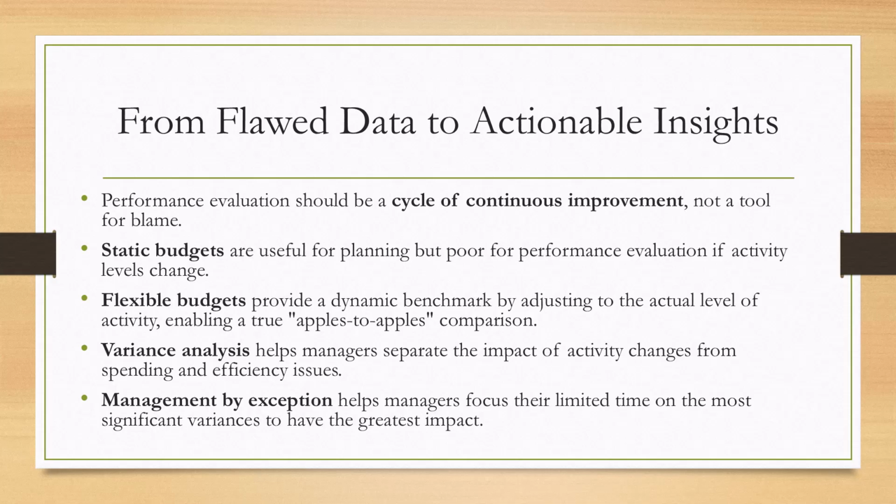Flexible budgets provide a dynamic benchmark by adjusting to the actual level of activity, which enables a true apples-to-apples comparison. Variance analysis helps managers separate the impact of changes in business volume from issues of spending and efficiency. And finally, management by exception helps managers focus their limited time on the most significant variances to have the greatest impact.